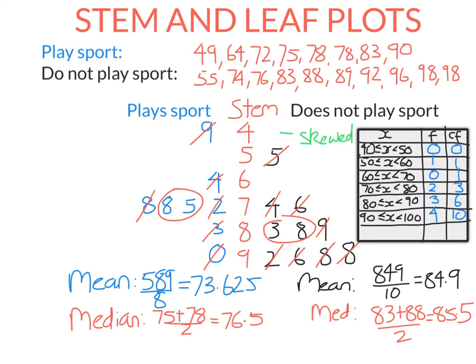As for the play sport group, you could sort of argue either. The highest frequency of scores are in the middle, so you'd probably say this is symmetrical. It doesn't have to be exactly symmetrical, but it's close enough. You could also argue that it is on the higher end, so it's negatively skewed, but it's probably symmetrical.